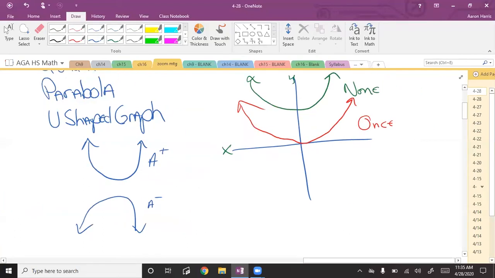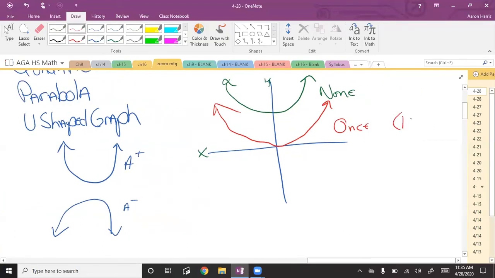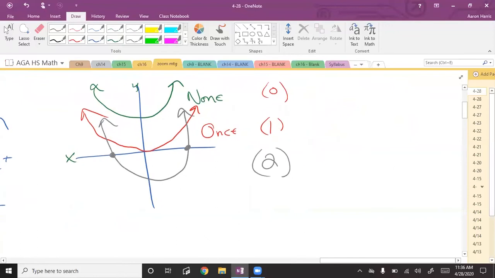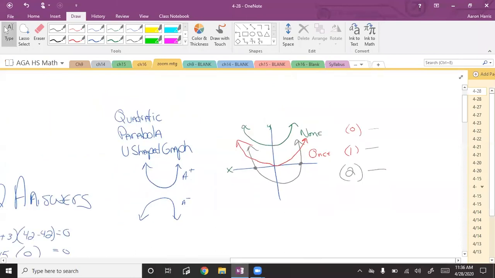So you will get 1 answer. And then I have one more. How many times does that touch the x-axis? 2 times. So your possibilities are none, 1, or 2 when it comes to these parabolas.